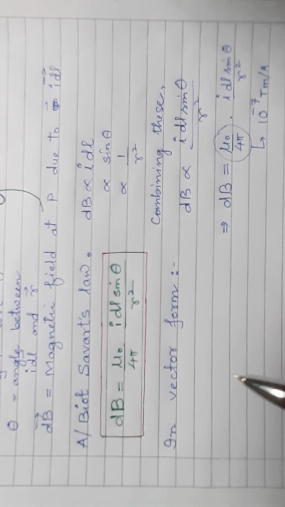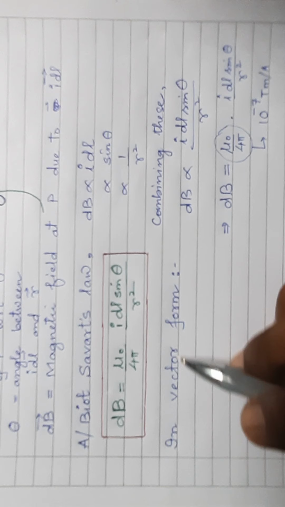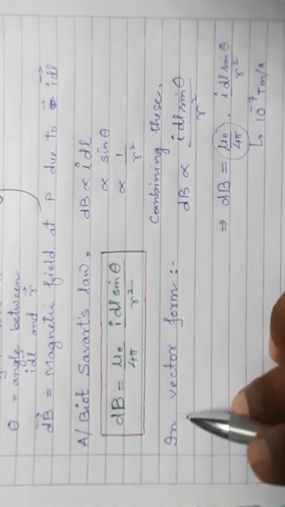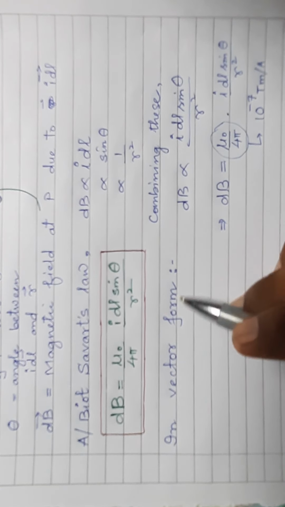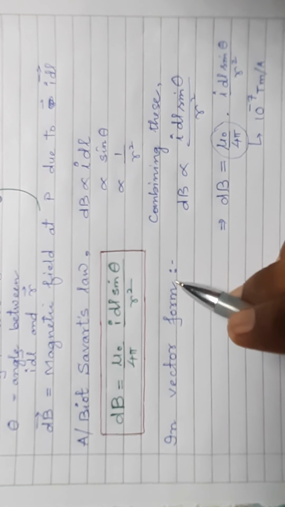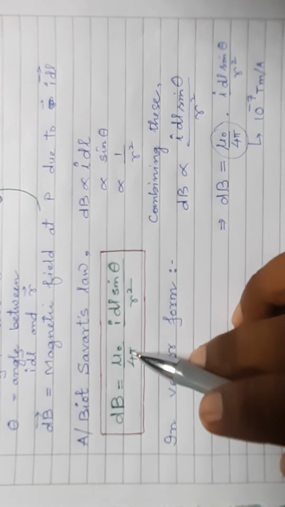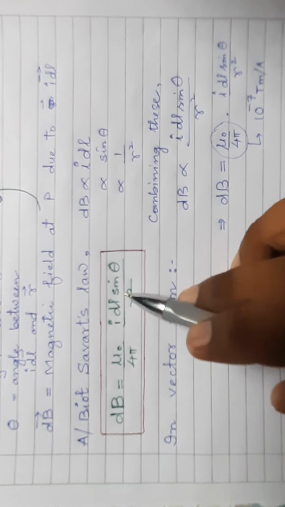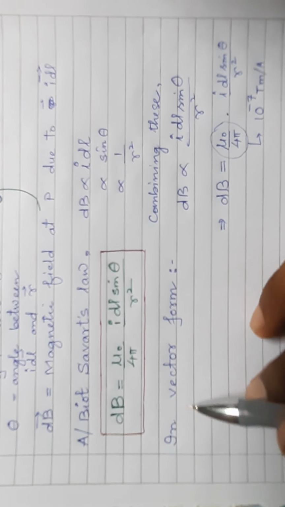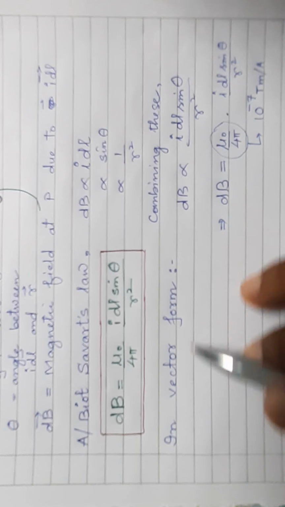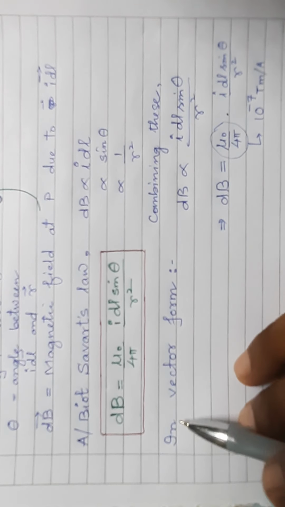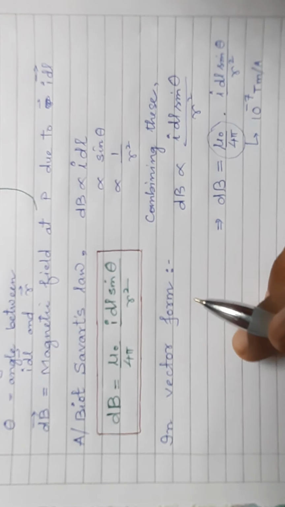Okay, but in the exam you will get the vector form of Biot-Savart's law. It is more frequent. You will be asked to write Biot-Savart's law in vector form. What is the vector form? No need to prove, you simply write the formula.